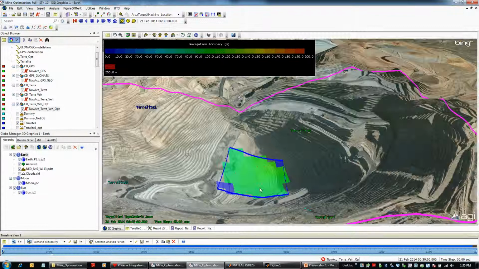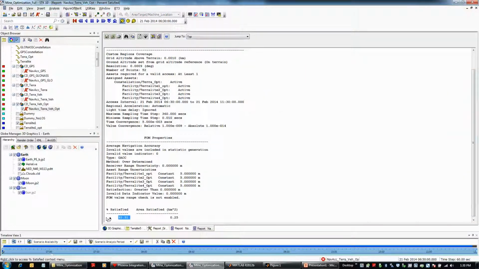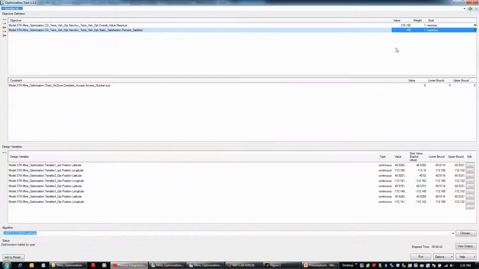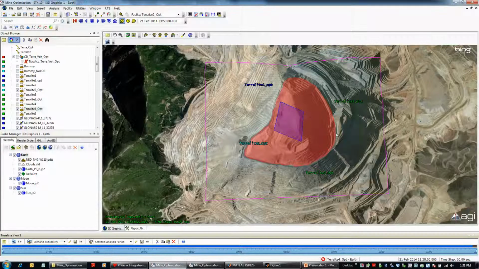That was what happened when I set up the problem earlier. By randomly placing the 4 terralites, there were certain regions which were missed out, and only 92% of the area was covered. But here our objective was to increase the percentage satisfied also. So this becomes a multi-objective problem. And one of the constraints we have to define was that you don't want the terralites to be placed anywhere in this region.